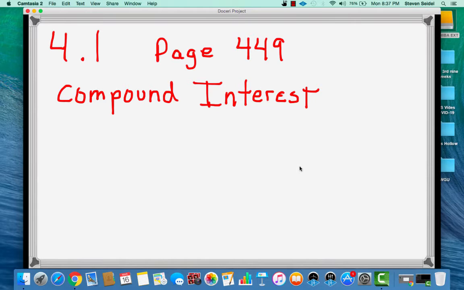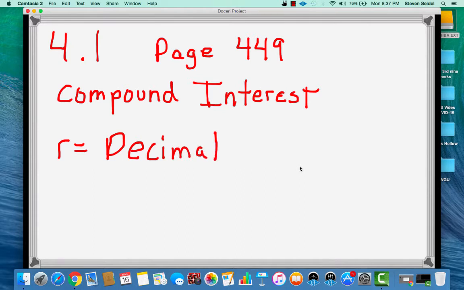R represents the rate. I'm going to give you a fair warning, because I know how people overlook this. The R is going to be given as a percentage, and that percentage needs to be in decimal form.